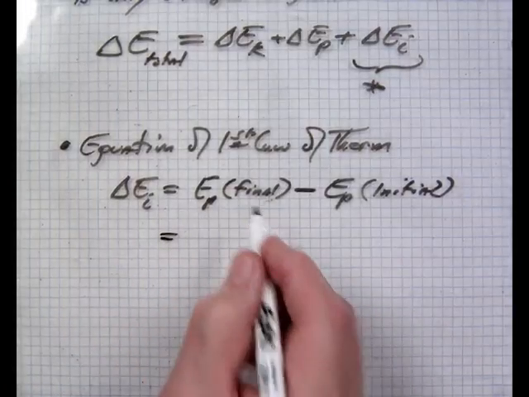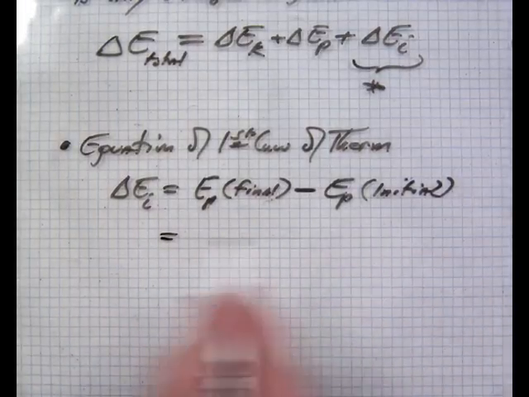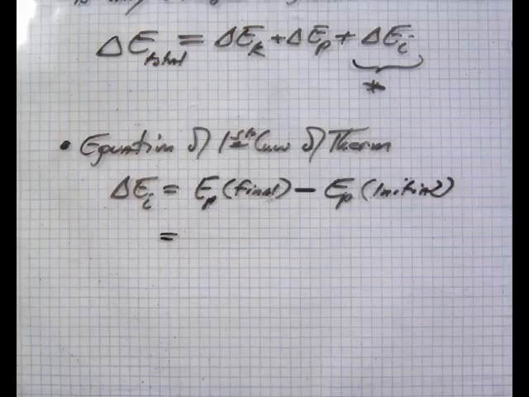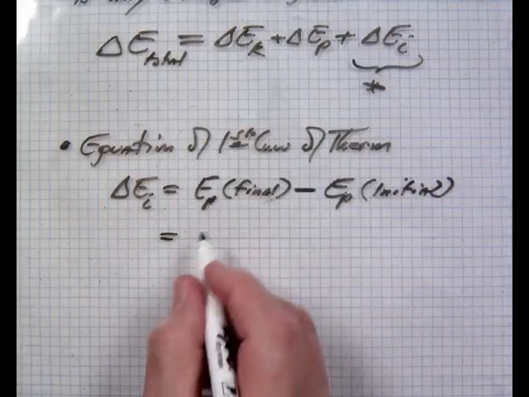If you have the big final energy number and the initial energy number, take the difference and you've got it. Okay? Now, it's not as direct as that.